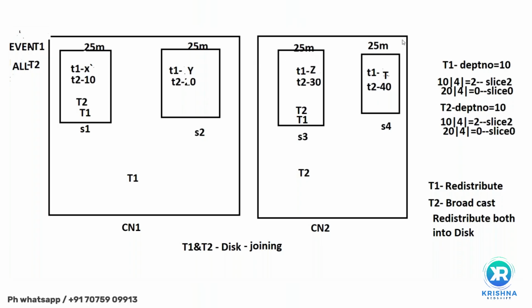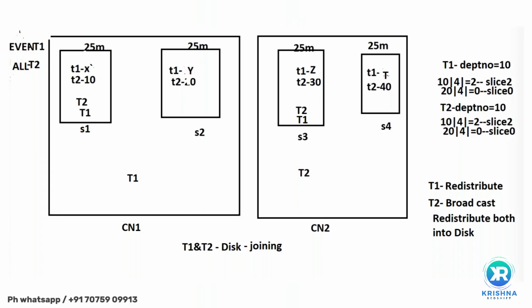It will just randomly distribute. ALL is present in every slice. But if the other table is ALL, then that's fine, because every copy is there. Whatever X comes, it will just join with this. Whatever Y comes, it will join with the copy available here. You understand how ALL is helping even in case the other table is even?